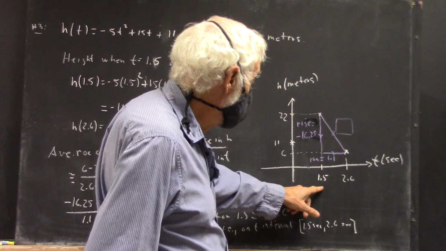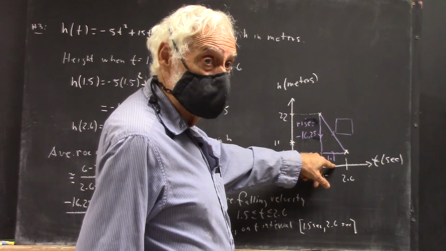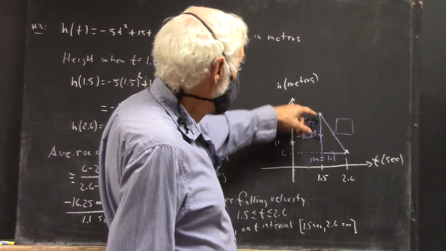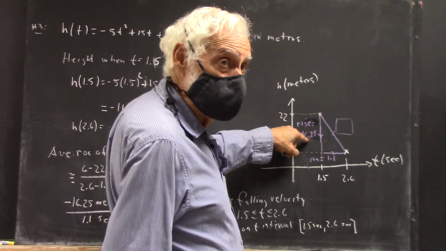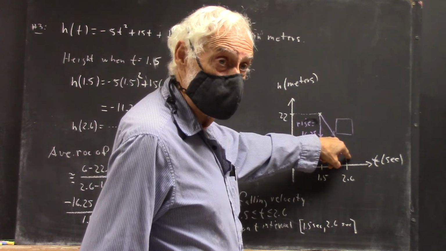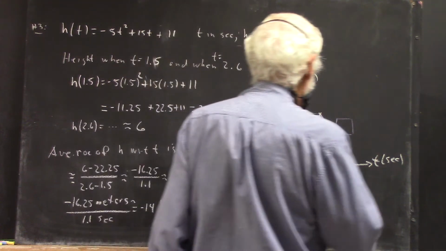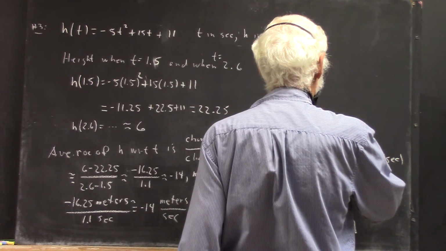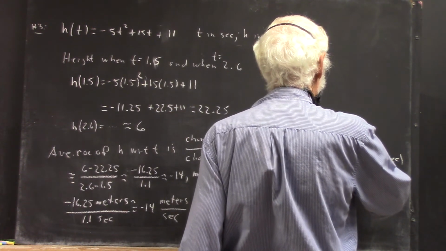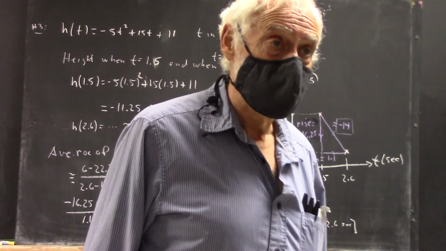And if you go from t equals 1.5 to t equals 2.6, we see why the run is 1.1, representing a fall of 16.25 meters in a time of 1.1 seconds. Well, then the slope is approximately negative 14.